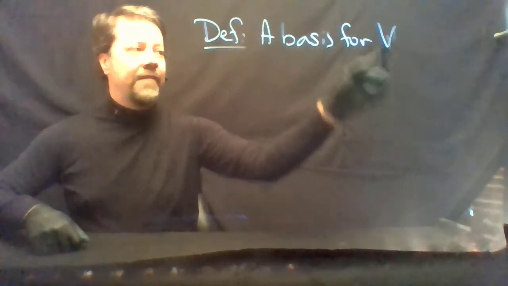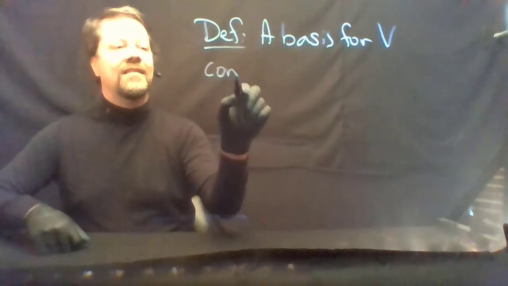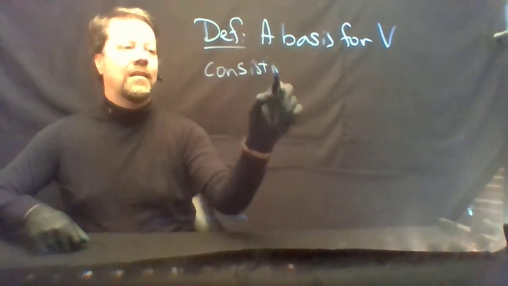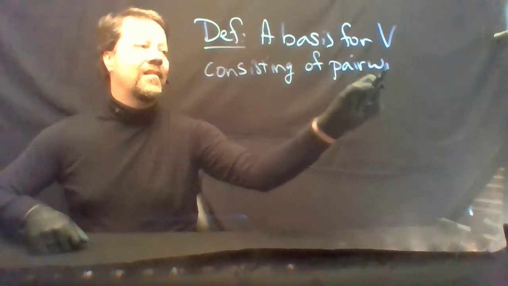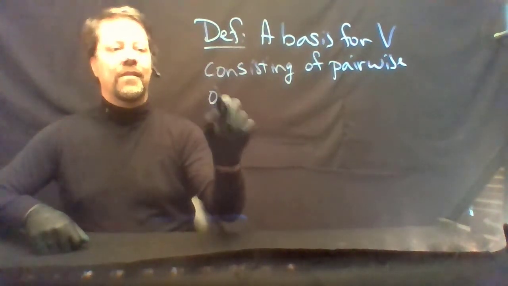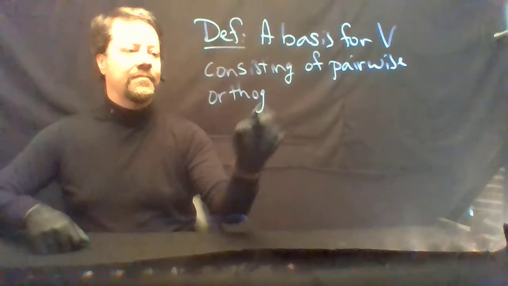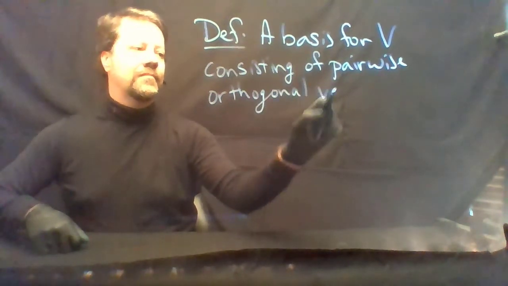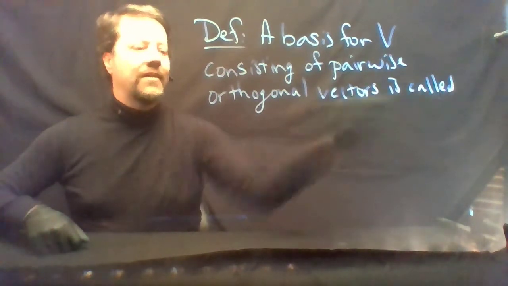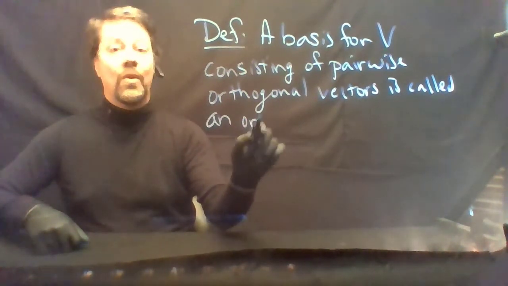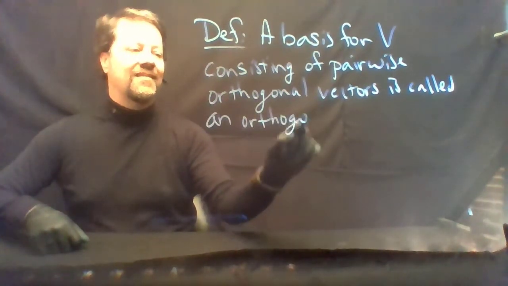A basis for some vector space V consisting of pairwise orthogonal vectors is called an orthogonal basis.